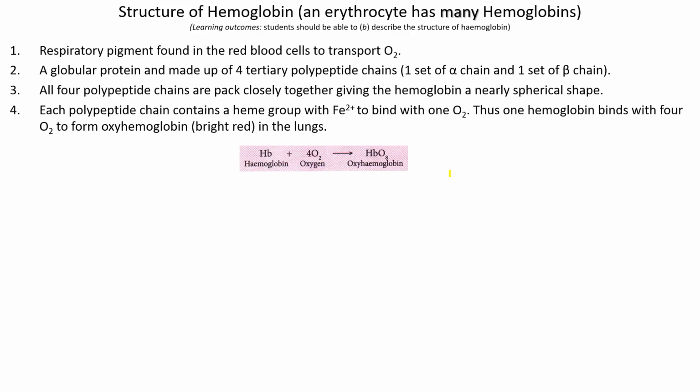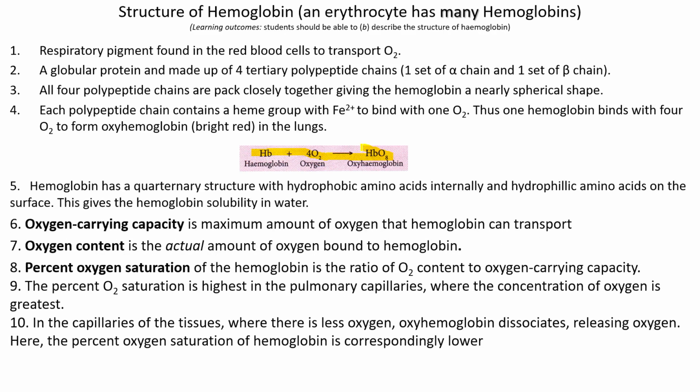And when this hemoglobin binds with oxygen, it forms oxyhemoglobin, which appears bright red. So here you can see a hemoglobin binds with 4 oxygen molecules and forms the oxyhemoglobin. Okay, and this process occurs in the lungs.